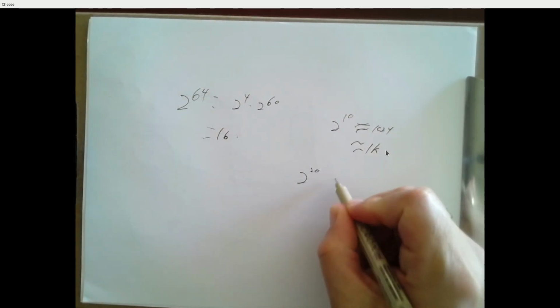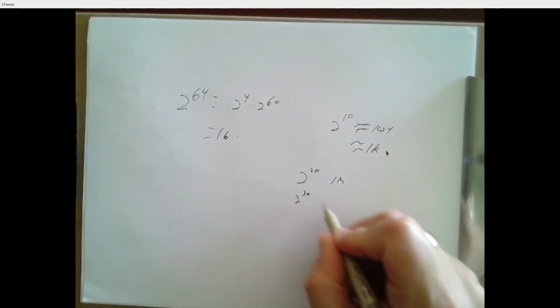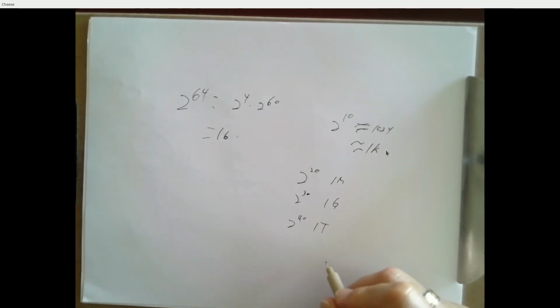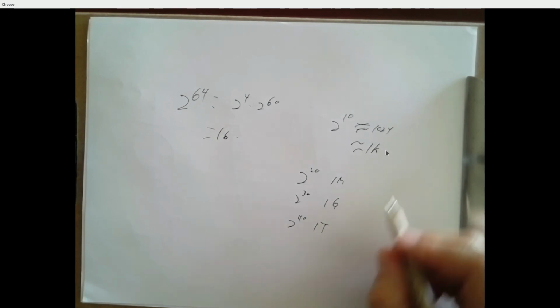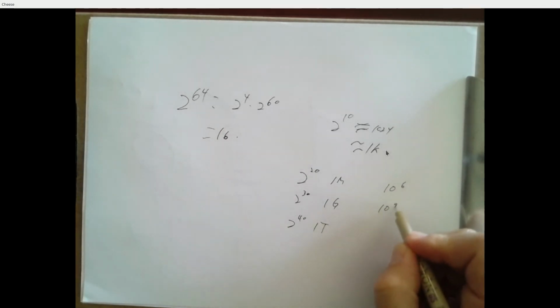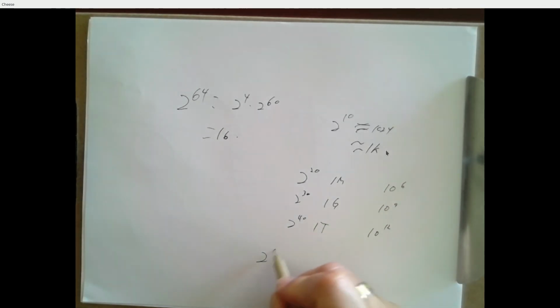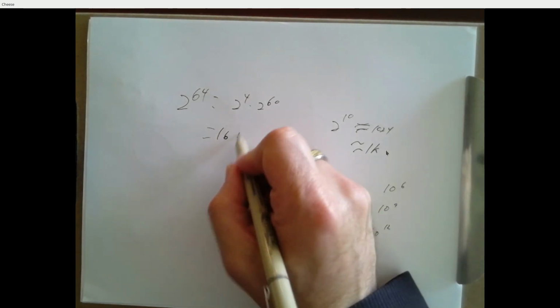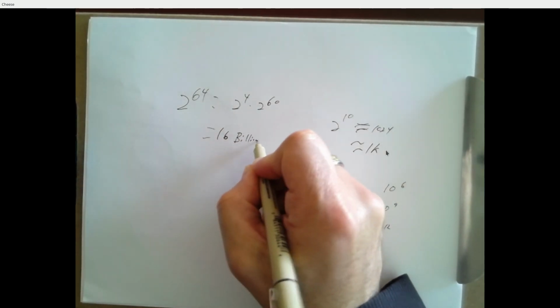So 2 to the 20th is 1,000,000, 2 to the 30th is 1,000,000,000, 2 to the 40th is 1,000,000,000,000. Which is also 10 to the 6th, 10 to the 9th, 10 to the 12th. So 2 to the 60th is approximately 10 to the 18th. So 1,000,000,000 billion. So 16 billion billion.